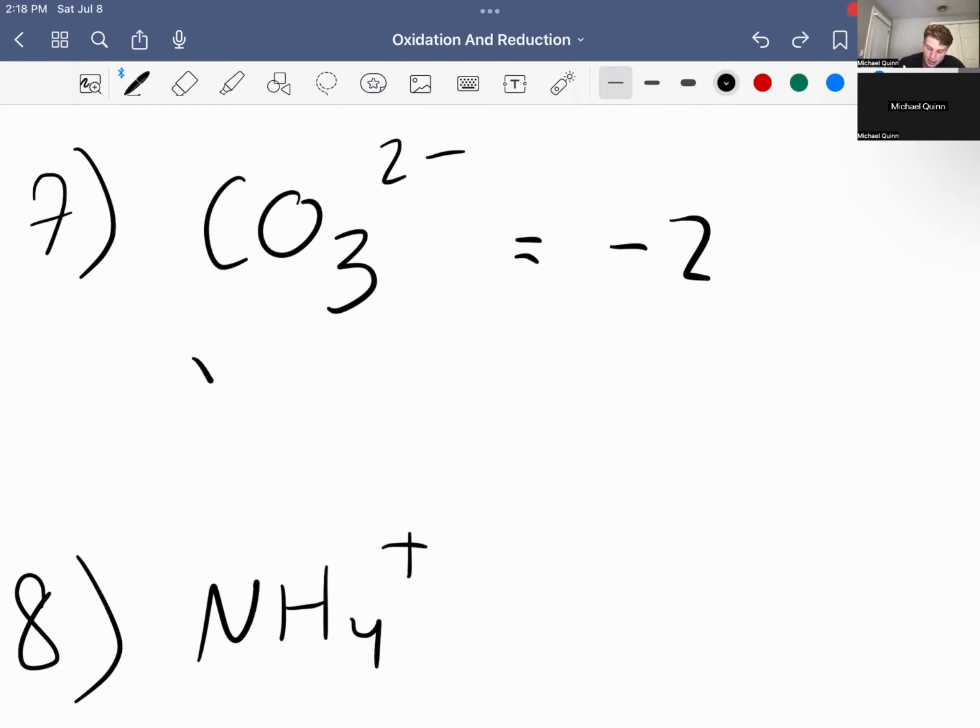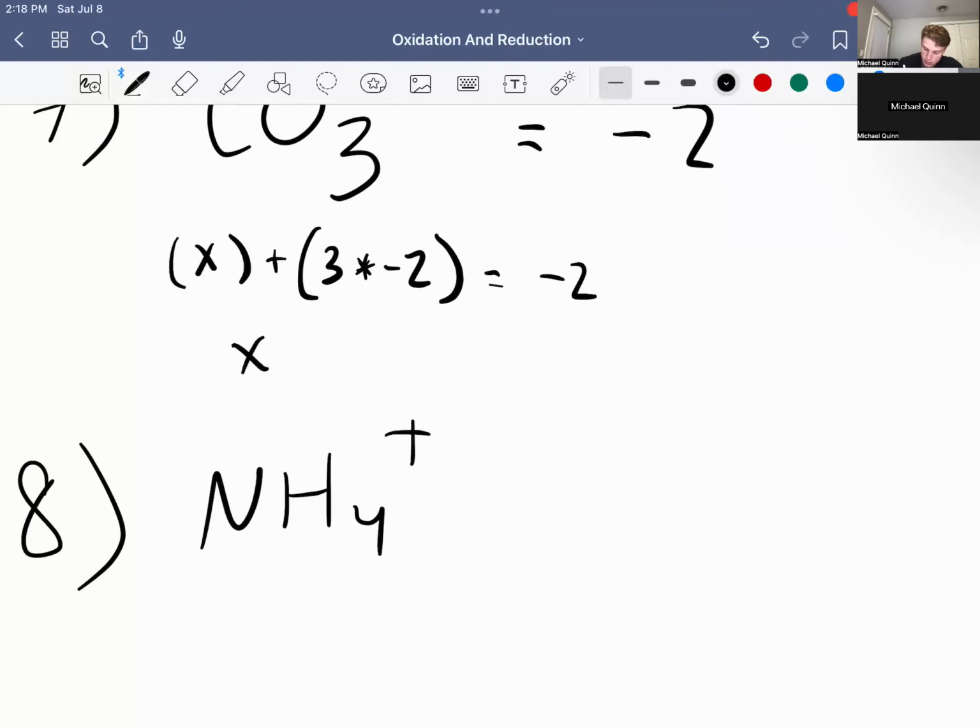So we should say X for carbon, we do not know it, plus 3 oxygens times minus 2, because each oxygen is going to have an oxidation state of minus 2, equals negative 2. So X plus negative 6 equals negative 2. So X is going to equal positive 4.